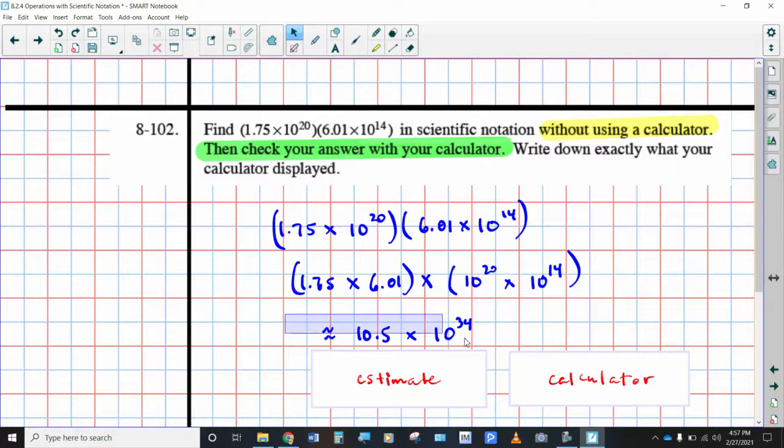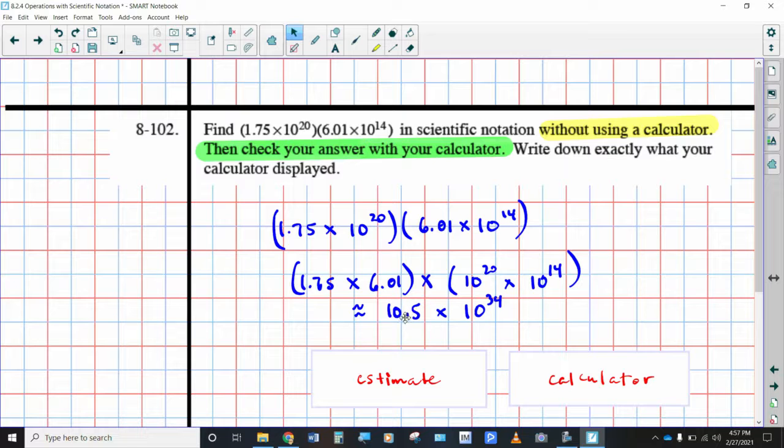Why did I put that down so low? That should be up below, right up there. Okay. That would be 10 to the 34th power. But that is not actually completely correct because that's not in scientific notation, correct? So what I'm going to have to do, let me even move this up a little bit more, is take one of these powers of 10.